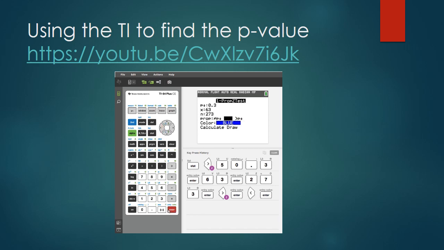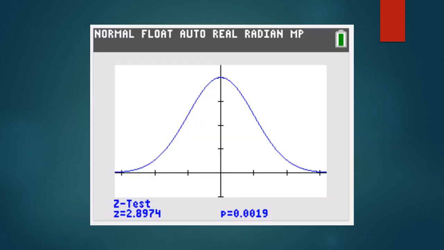Our alternative hypothesis is that the true population proportion is less than this P0 we claim in the null hypothesis. Now arrow down, arrow over to draw. Go ahead and draw it. And here are the results we will talk about on the next screen.